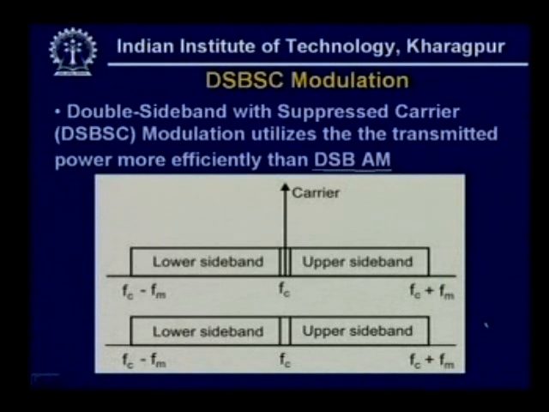So, this is your normal DSB transmission, double sideband transmission. Now, the carrier has been removed, and as you can see here, we have only two sidebands. So, this is your DSB-SC, double sideband with suppressed carrier transmission.